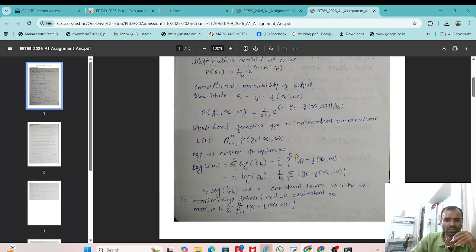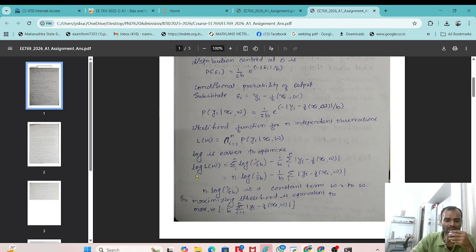The expression comes down to this one. This is the constant part with respect to the weights, and we have to maximize the likelihood function. The maximization depends on this expression, and this expression is negative.